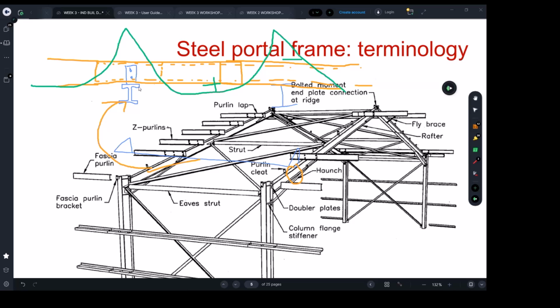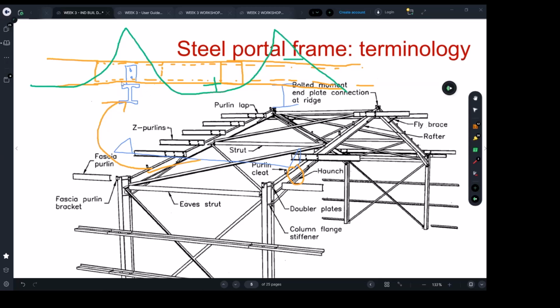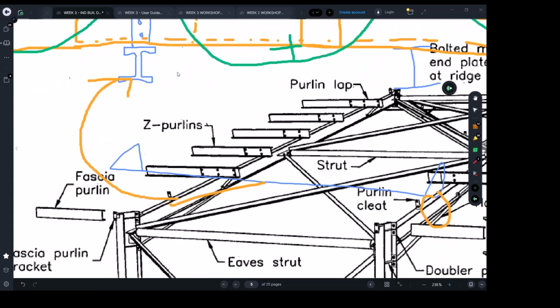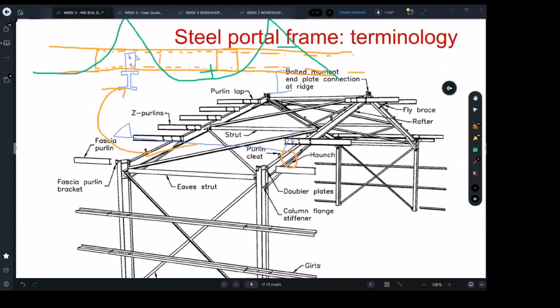How many purlins do you physically have flying over or connected to the rafter? Any idea? We got 2.